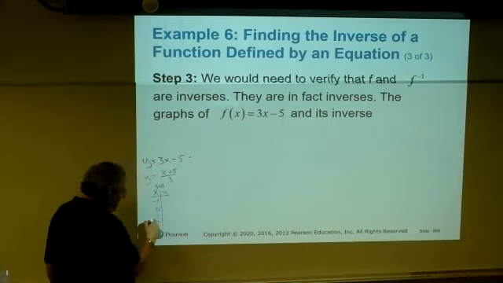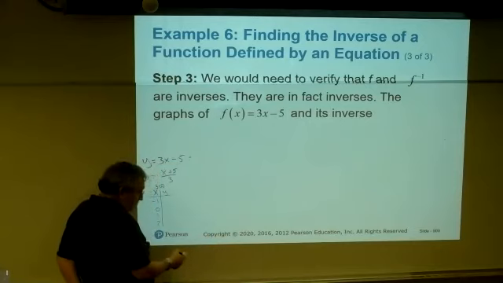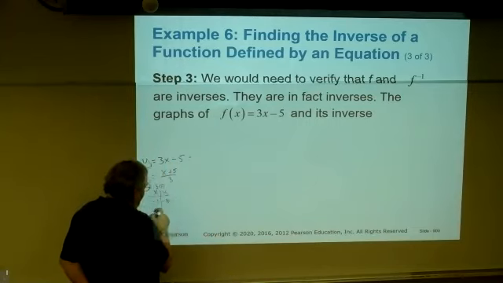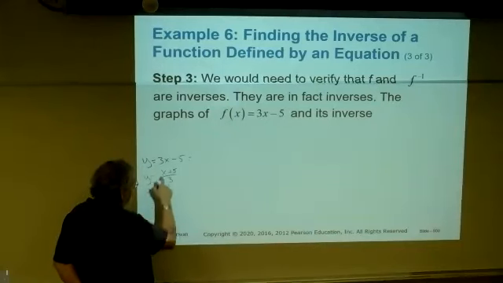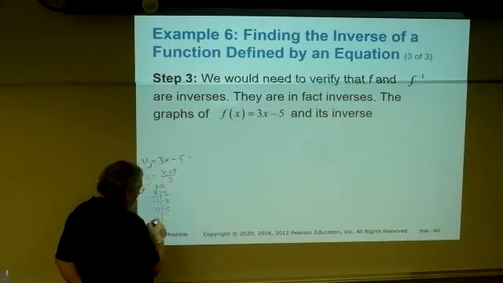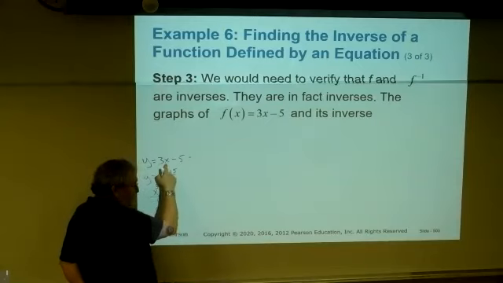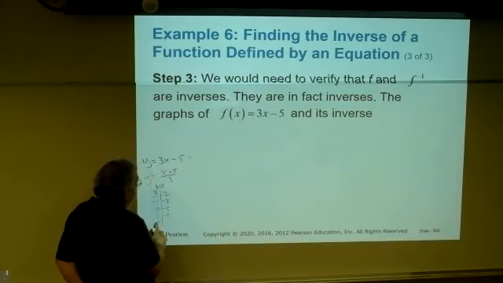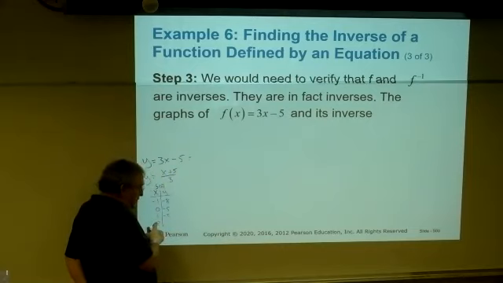I'm going to do 4 numbers simply because I can. So -1 times 3 minus 5 is -8. 3 times 0 minus 5 is -5. 3 times 1 minus 5 is -2. And 3 times 2 is 6, and 6 minus 5 is 1.